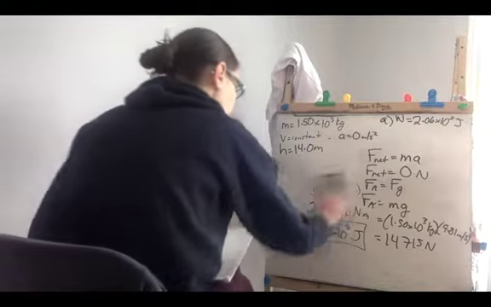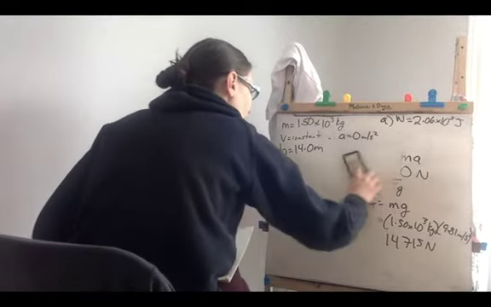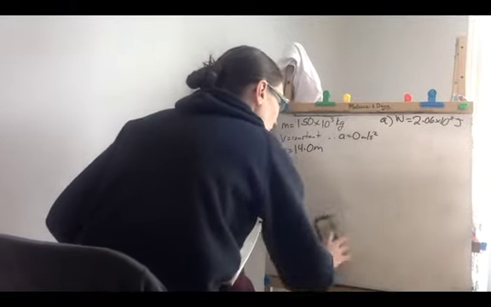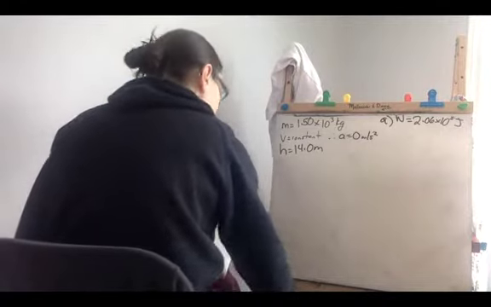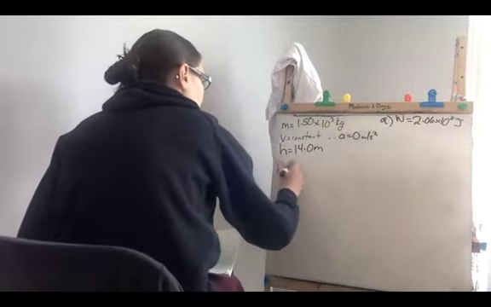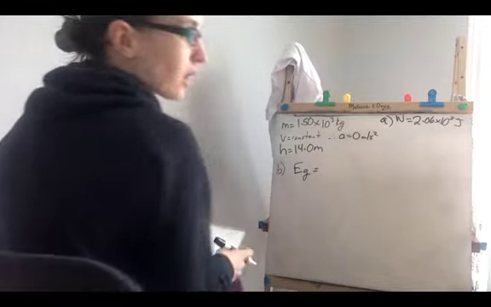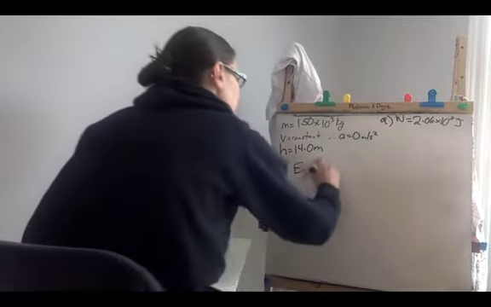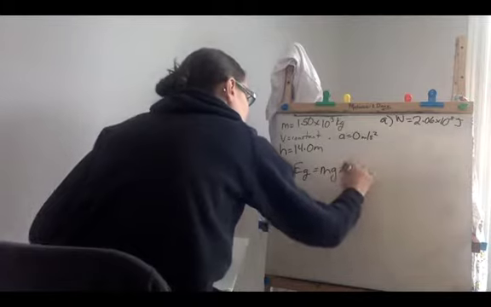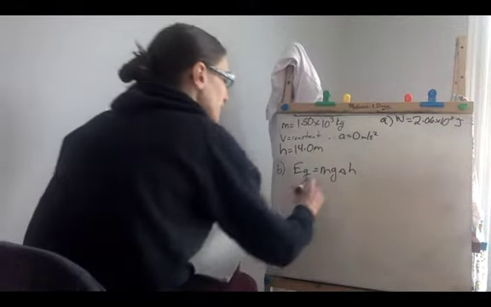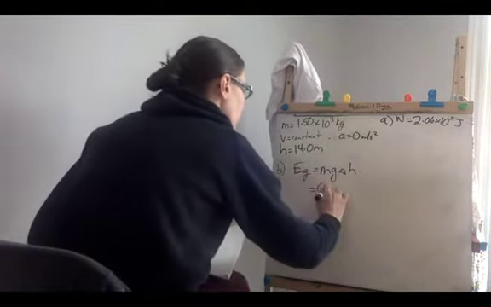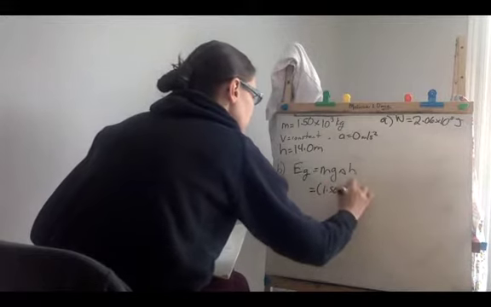And part B was asking what was the gravitational potential energy of the object at its highest point. Okay, and that one's actually fairly straightforward, right? So using our formula for gravitational potential energy, Eg is mg delta h, right? We have the mass of the object, 1.50 times 10 cubed kilograms.